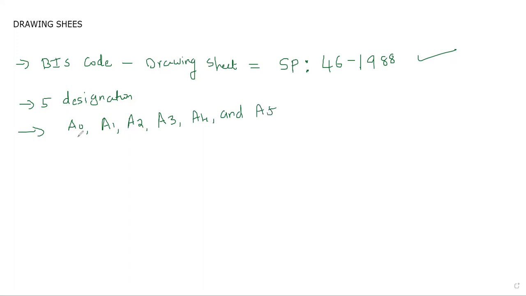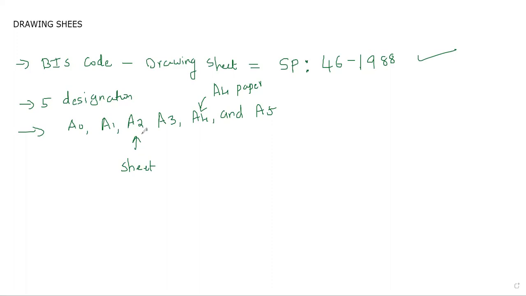These designations are very simple. Like usually we are using an A2 sheet. You remember, no? We fix the A2 sheet on the wooden board and start drawing. And whenever you are writing notes, we are using A4 size paper. A4 paper, correct? So that is the simple meaning of this designation.